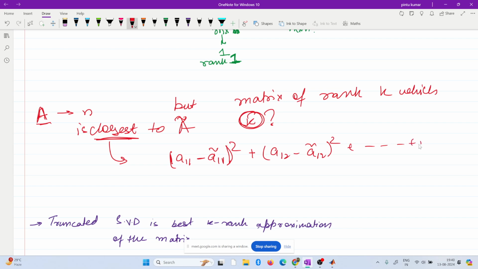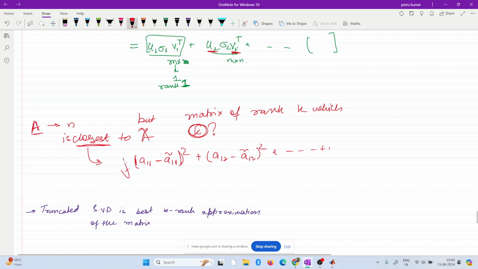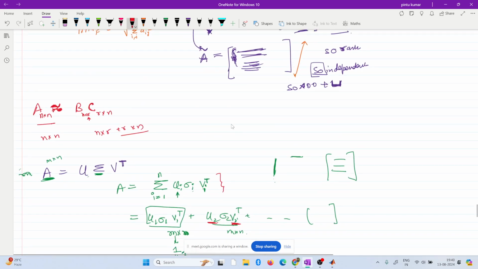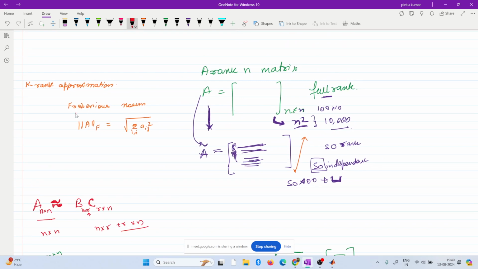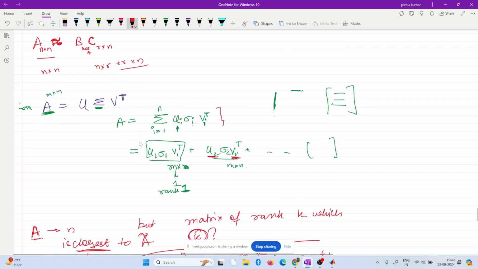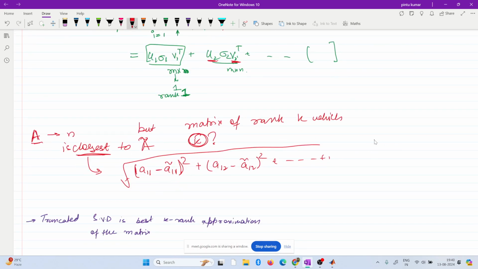So you compare every term in the matrix, take its difference with the corresponding term, square it, and sum it up. You want to minimize this sum. You can take the square root, that's fine. This norm is also called the Frobenius norm of a matrix. So what you want is that the Frobenius norm of A minus A tilde is smallest.